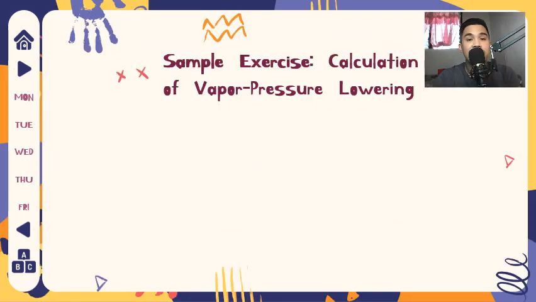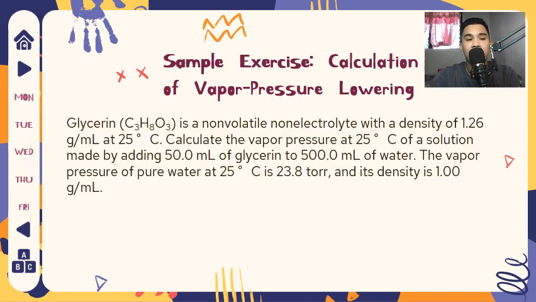So here's the sample exercise calculation of vapor pressure lowering. Here's the problem. Glycerine, C3H8O3, is a non-volatile non-electrolyte with a density of 1.26 grams per milliliter at 25 degrees Celsius.